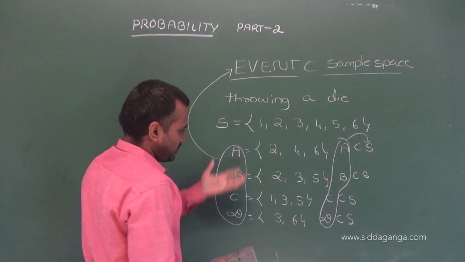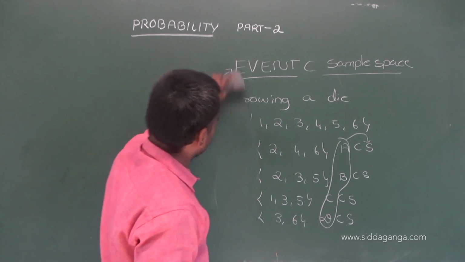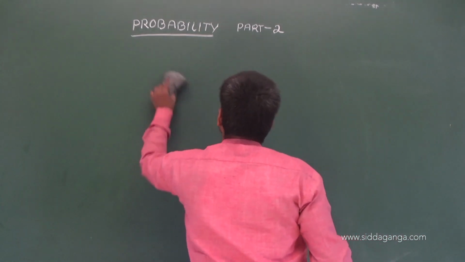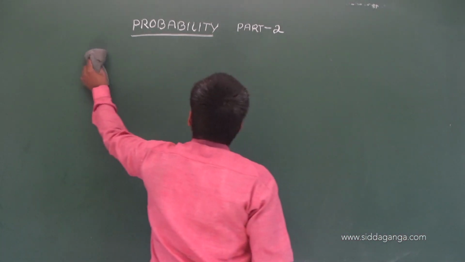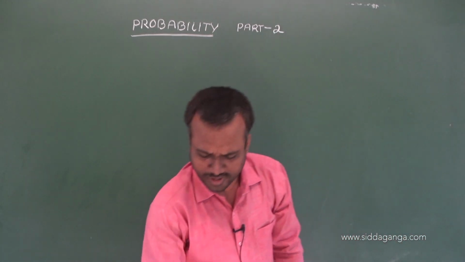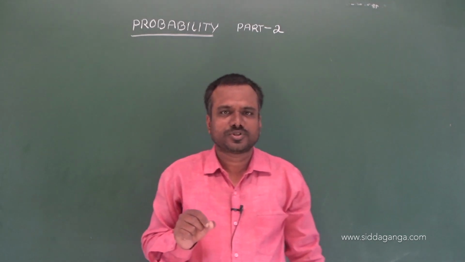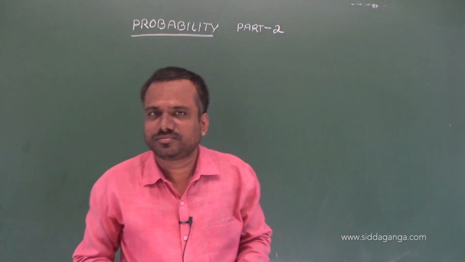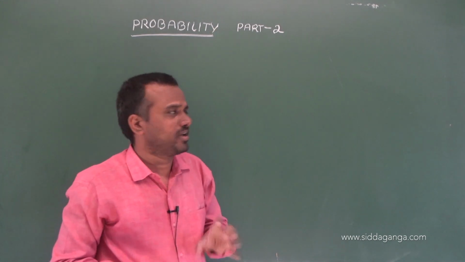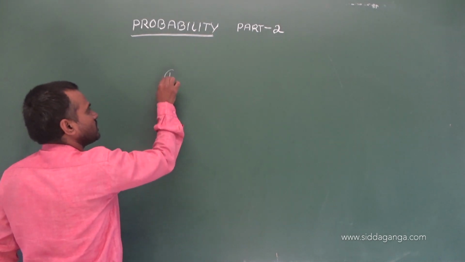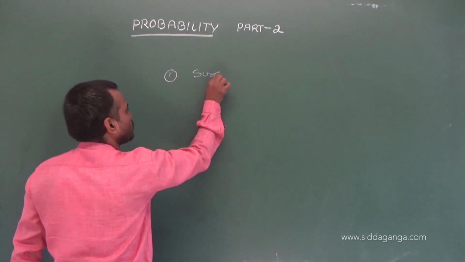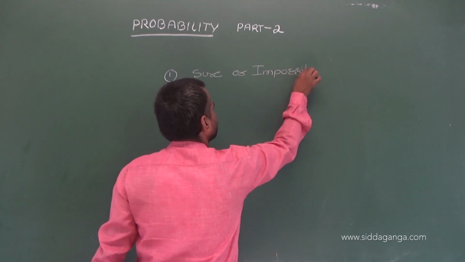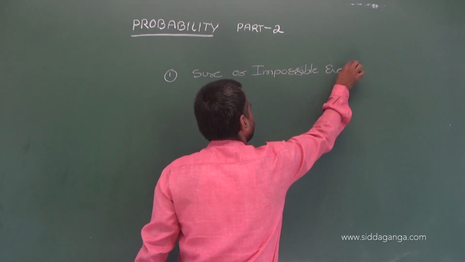After knowing the concept of event, then we write events. Already you know in the previous class, that means first PUC, how to write the events. So after knowing the concept of event, we discuss one by one the types of events, because these are all very important with respect to the second PUC classes. Okay, types of events. First one is sure events, or impossible events.